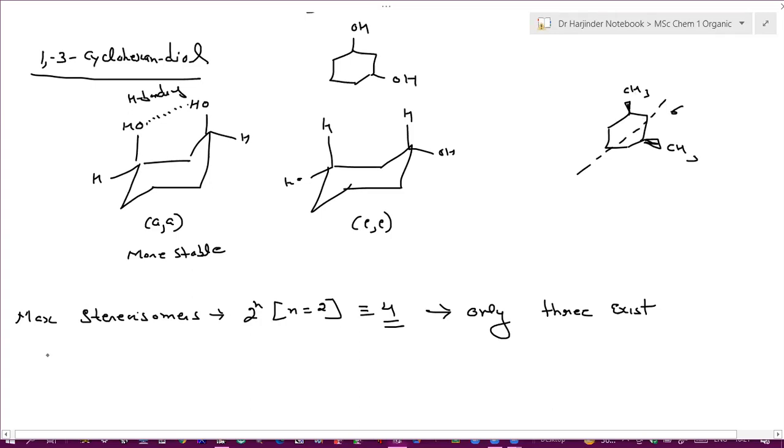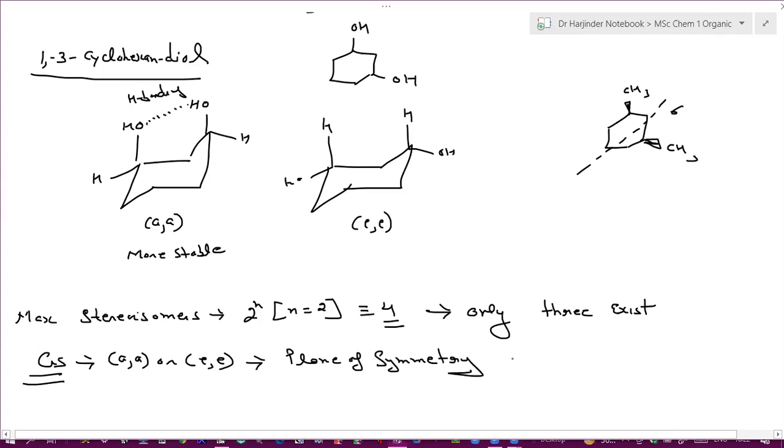So out of these 3, cis has, that means when it is axial or equatorial, it has plane of symmetry. And due to this plane of symmetry, it exists in a mesoform. So you have a total of 3 stereoisomers.